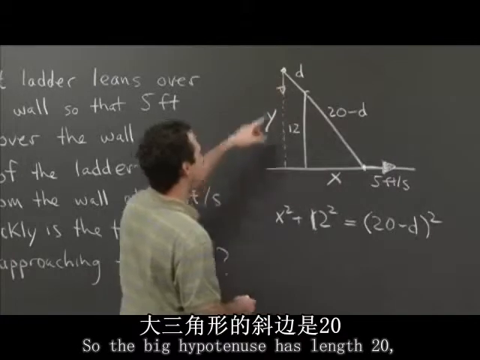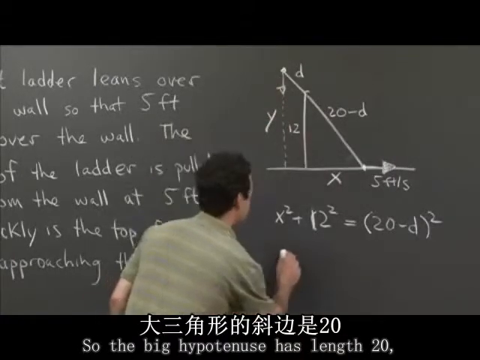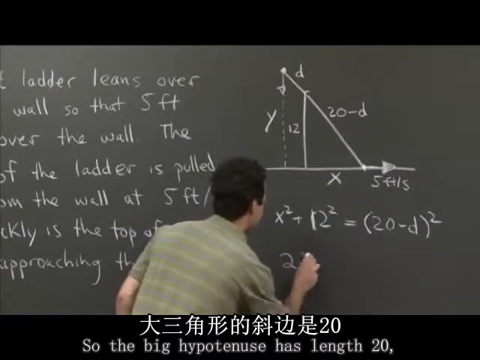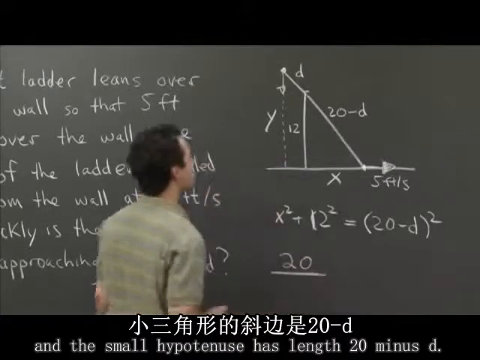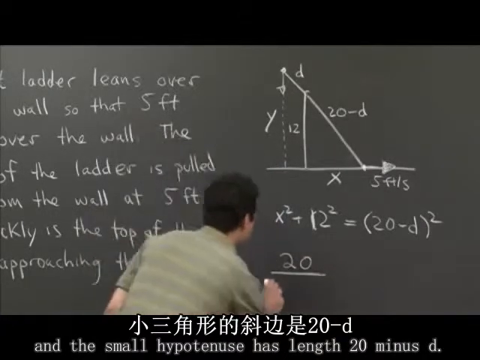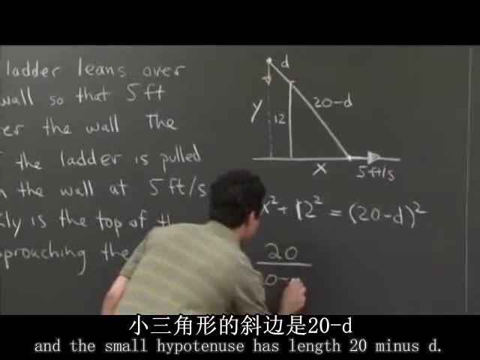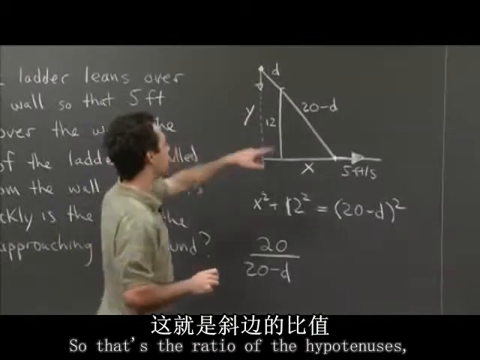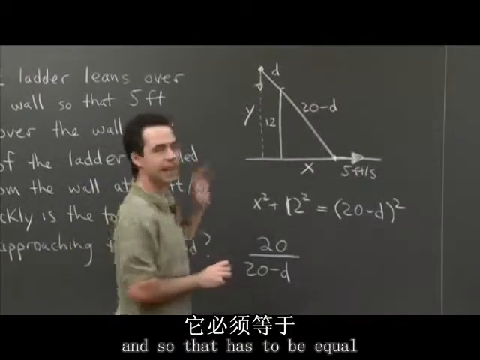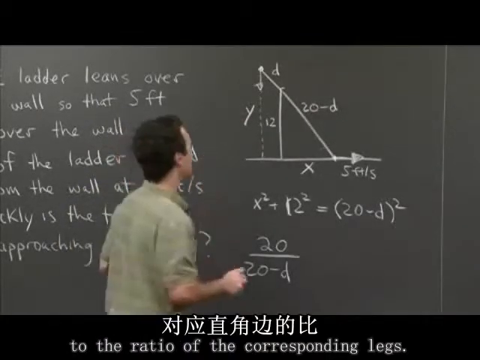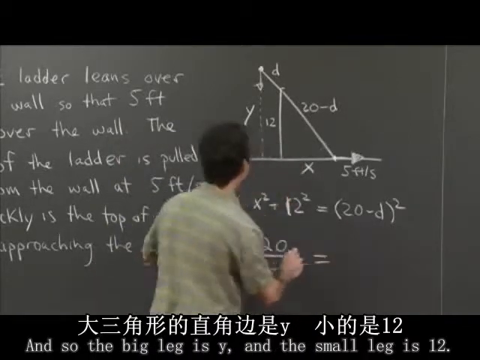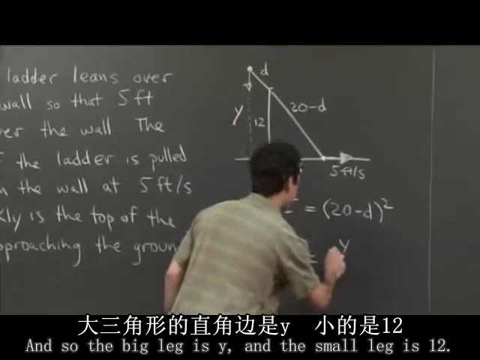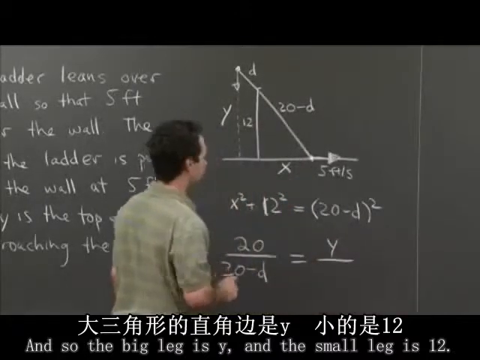The big hypotenuse has length 20, and the small hypotenuse has length 20 minus d. Good. So that's the ratio of the hypotenuses, and that has to be equal to the ratio of the corresponding legs. The big leg is y, and the small leg is 12.